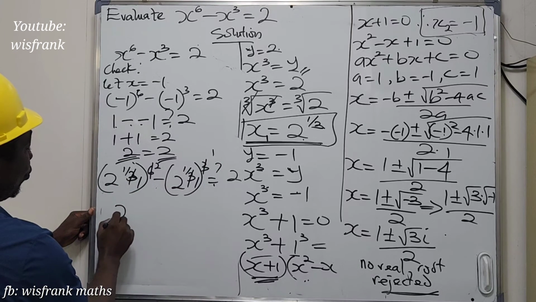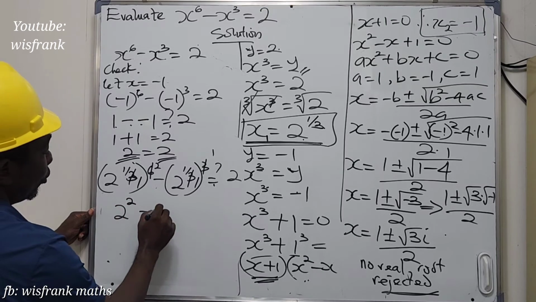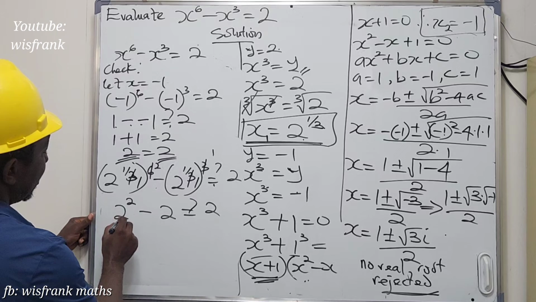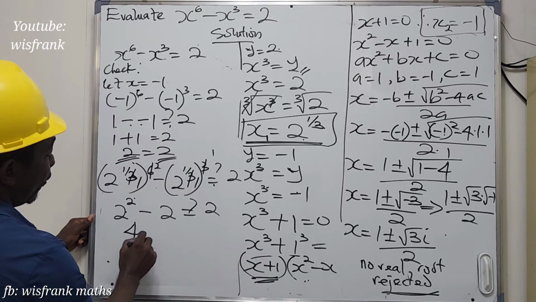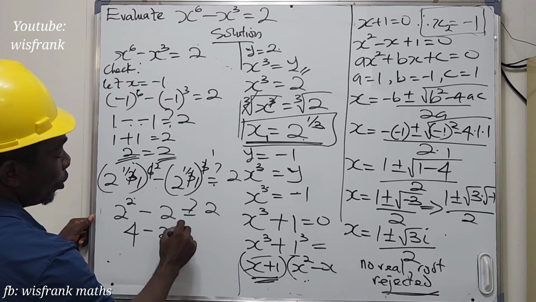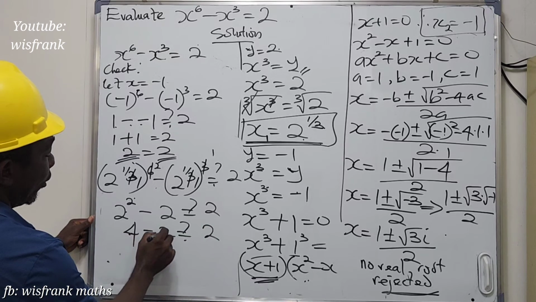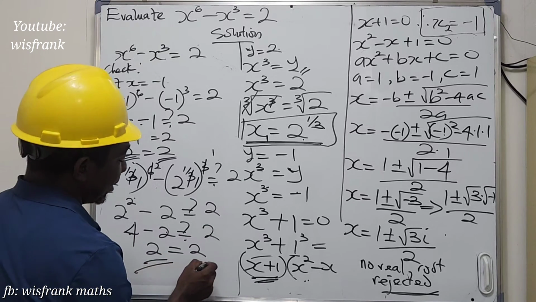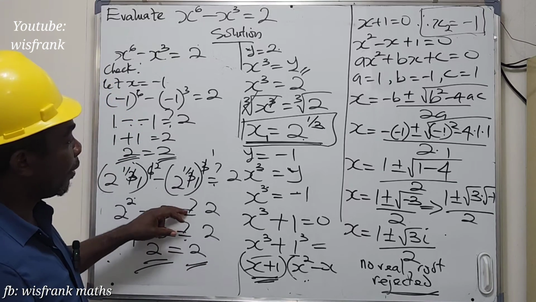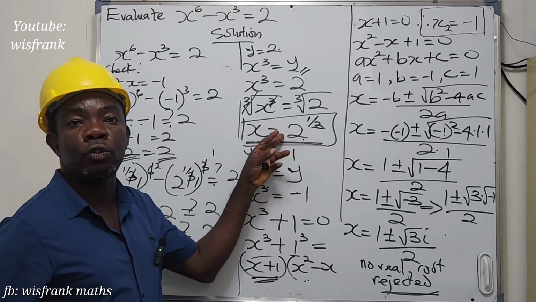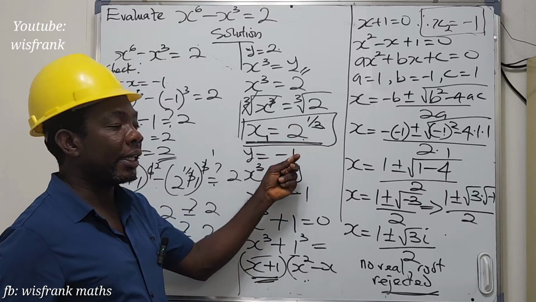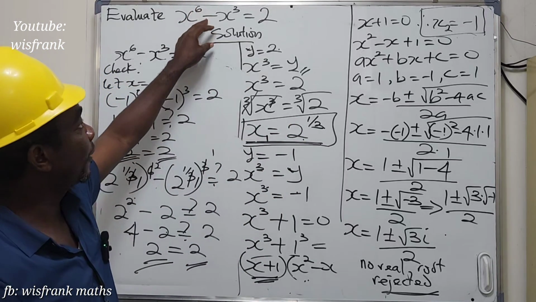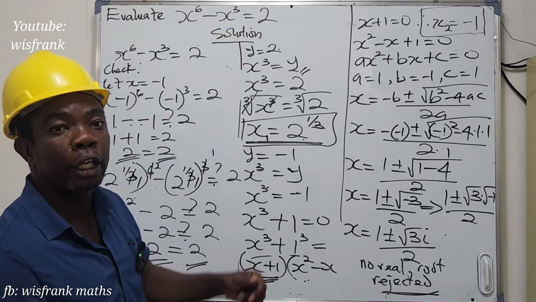Therefore, here we have 2 to the power of 2 minus 2 equals what? 2 to the power of 2 is 4, minus 2, is 2, which equals 2. What we have on the left-hand side is what we have on the right-hand side. Therefore, x equals 2 to the power of 1 over 3 satisfies this equation, that x to the power of 6 minus x to the power of 3 equals 2.